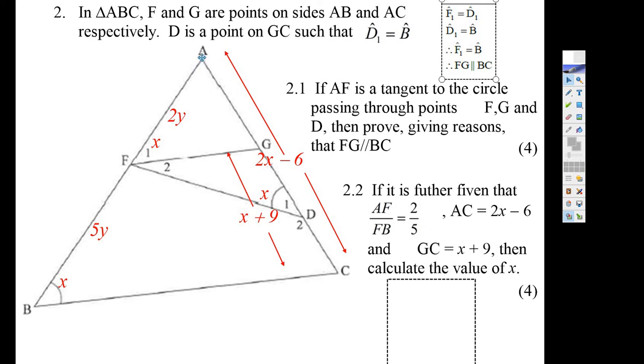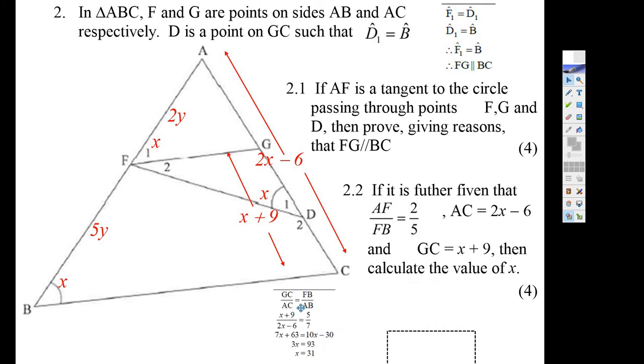So if we were to make this fraction, let's say GC, which would be x plus 9, over AC, we'd get this fraction. X plus 9 goes with 2x minus 6, in the same way that 5 goes with this whole side, which is 7.